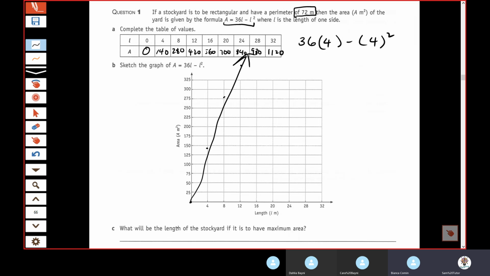What will be the length of the stockyard if it is to have maximum area? Well, that's the problem. The way you guys have done it, I'm not showing its maximum area.